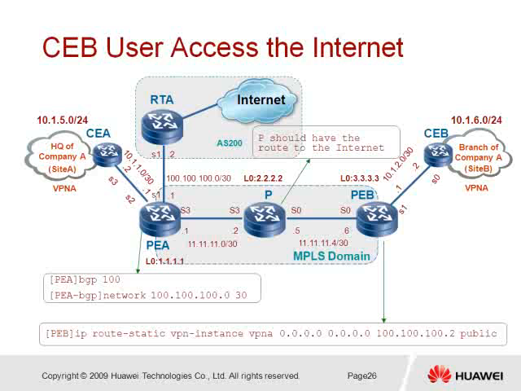It is similar to PEA: PEB also needs to configure a default route whose next hop is the IP address 100.100.100.2 of RTA in the VPN instance. PEB: ip route-static vpn-instance VPNA 0.0.0.0 0.0.0.0 100.100.100.2 public.